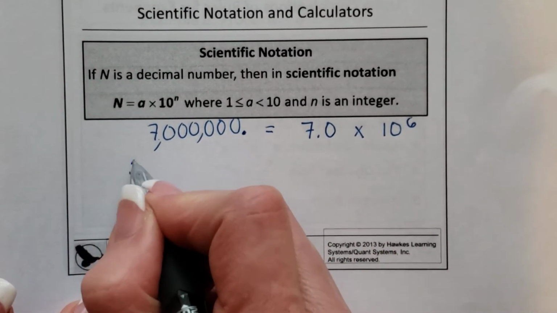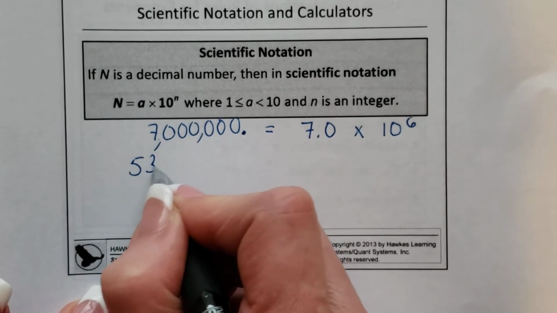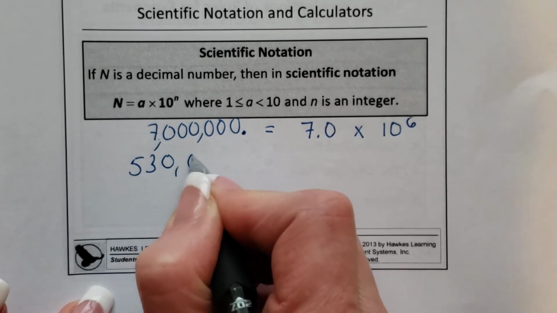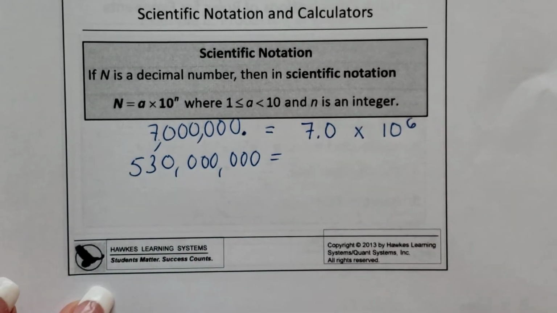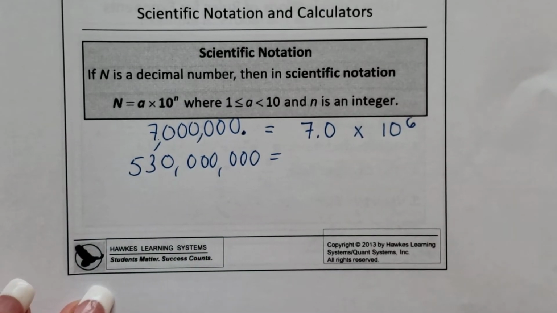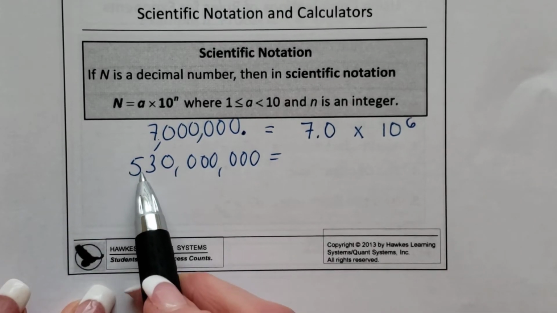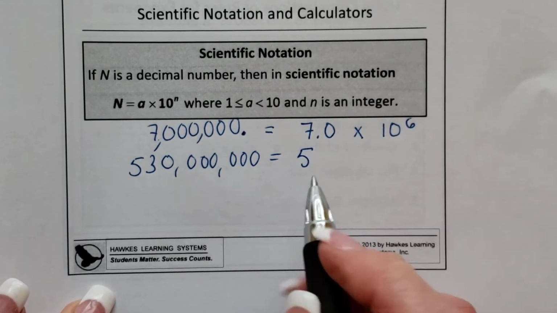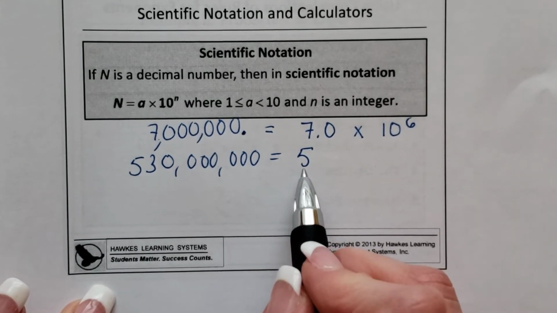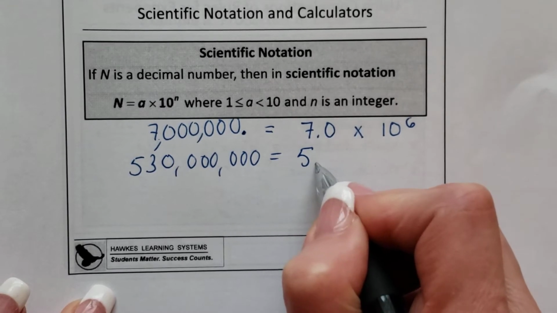So let's say I have 530 million. So I want my decimal behind one non-zero number. Well, if I put it behind one non-zero number, that means it would have to be behind the 5. There can only be one non-zero number in front of my decimal.